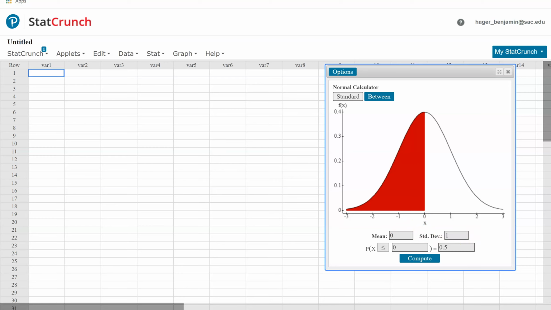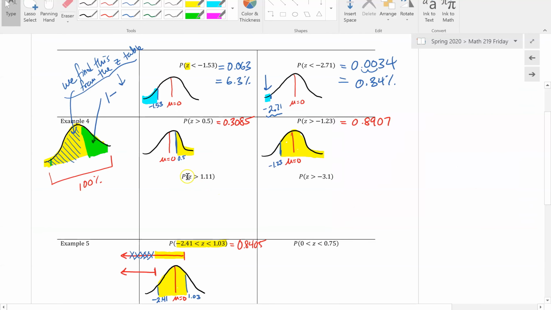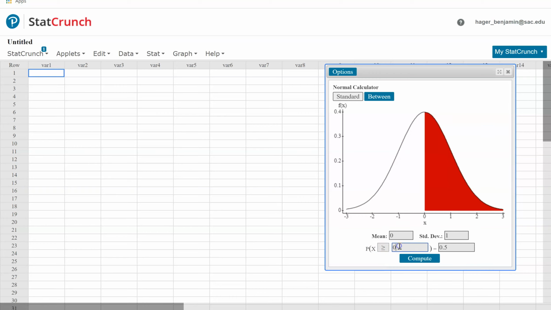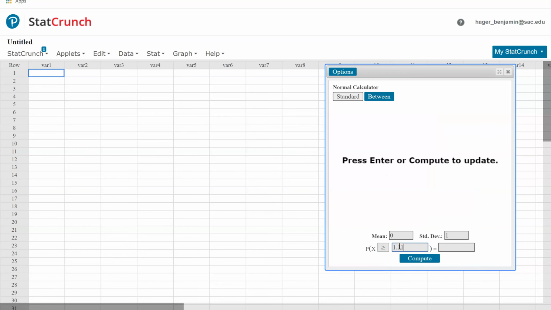Let me look back at some of these I wanted to do. I wanted to find the probability that z was greater than 1.11. Okay, well, watch how easy this is on StatCrunch. I'm going to say that I want the probability of getting a data value, they say x, but we can think of it as z, greater than 1.11.